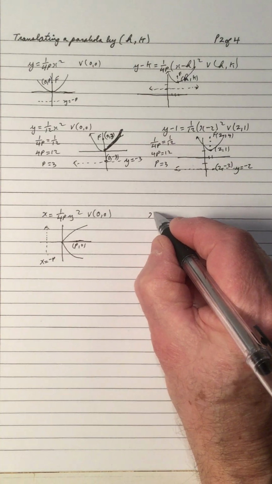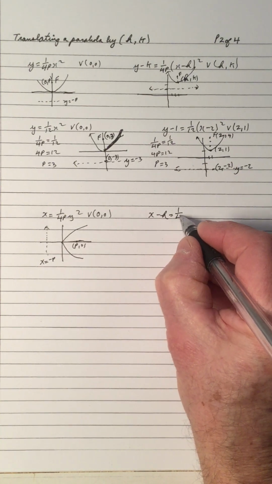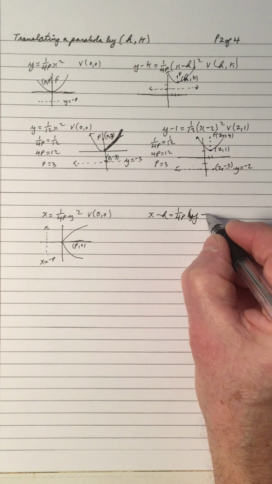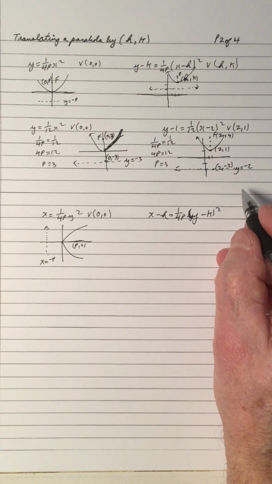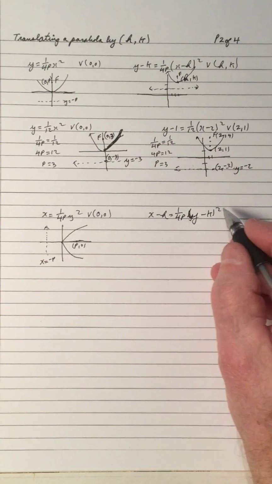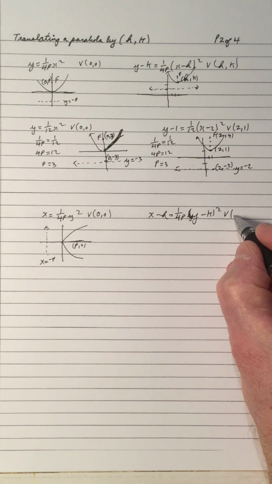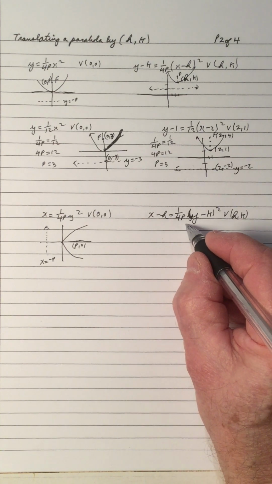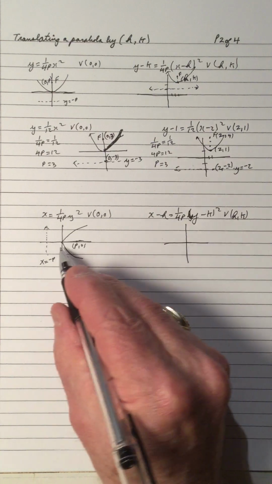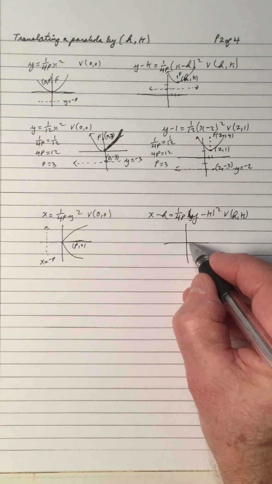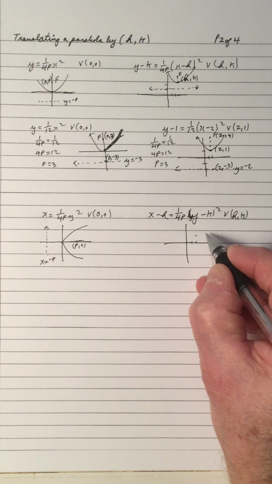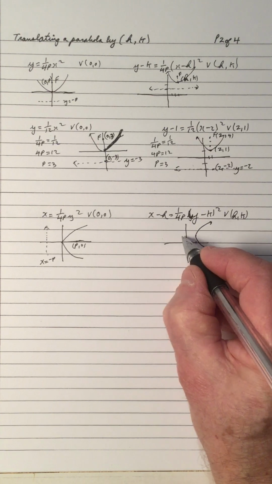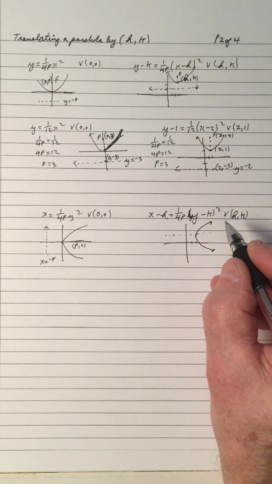So if we go x minus h equals 1 over 4p times y minus k squared, we have a parabola very similar to this one, only the vertex is now h comma k, so it's shifted. If we take the vertex and move it into a quadrant, the parabola opens to the right, and that's the axis of symmetry right there.